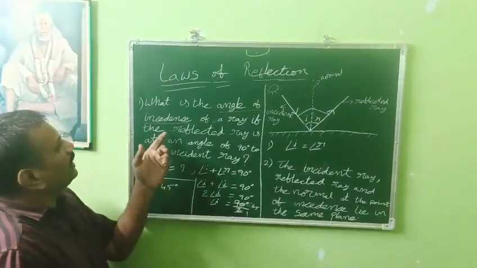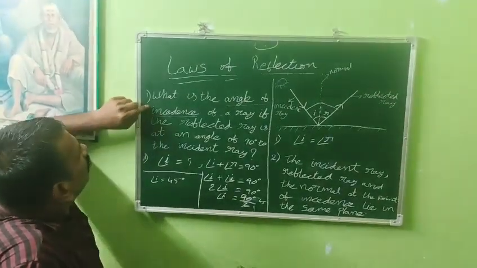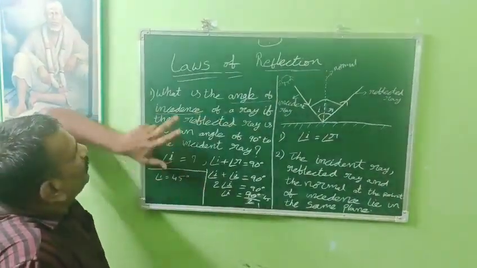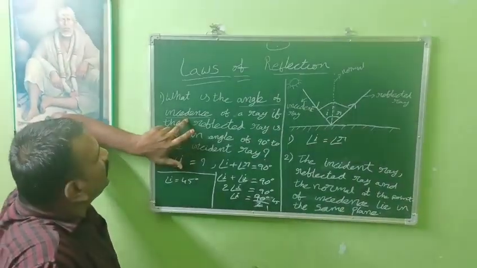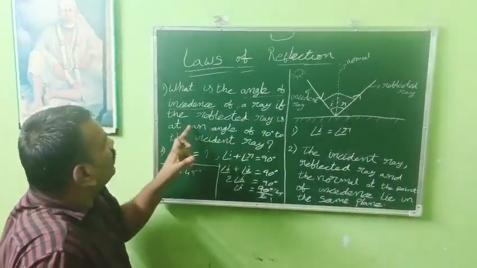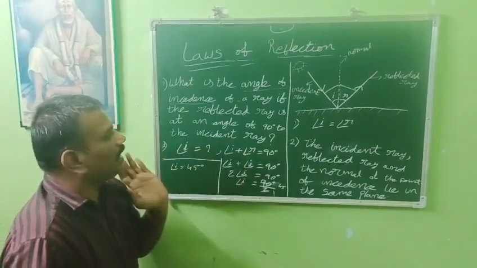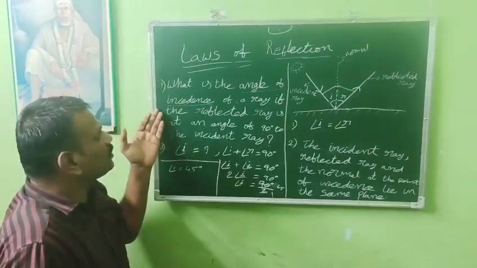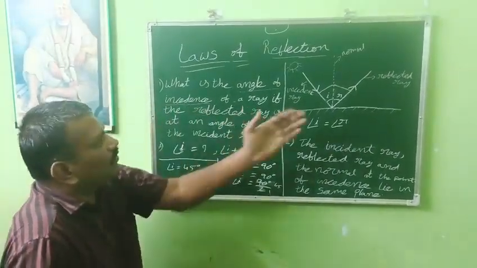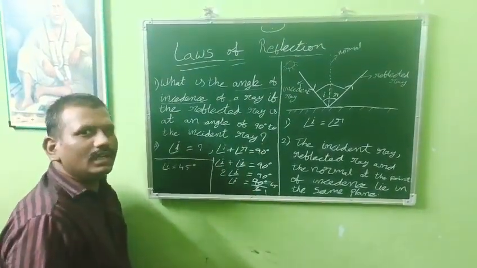From this we can say that, instead of asking the angle of incidence, if I change this question to what is the angle of reflection of a ray if the reflected ray is at an angle of 90 degrees to the incident ray, what is the angle of the reflected ray?